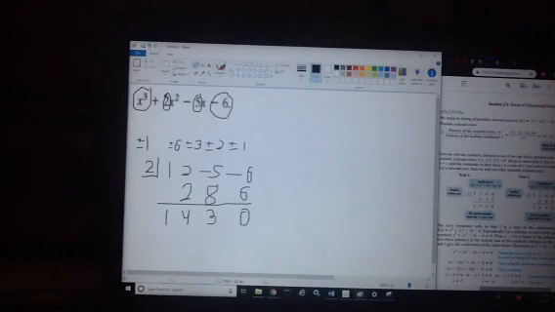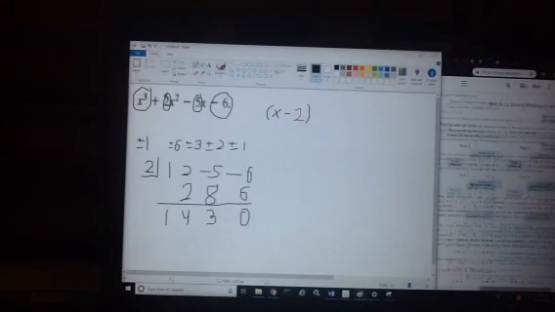So we can go in here and plug in the 2, using x minus 2, and we factor that out of the actual equation.